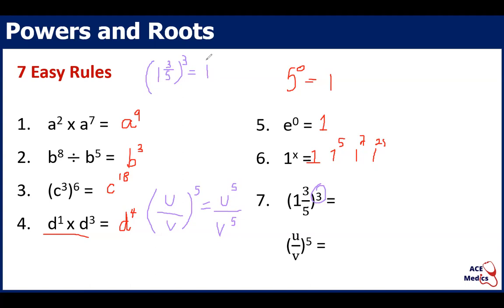Does that make sense to everyone? Remember we did this ages ago, I think this was our first lesson. Now, 8/5 to the power of 3 is the same as 8 to the power of 3 divided by 5 to the power of 3, which is a very big number, something like 512 over 125. Is everyone happy with that?